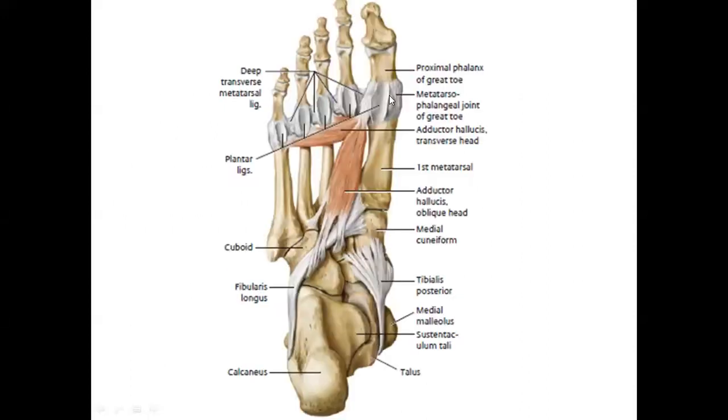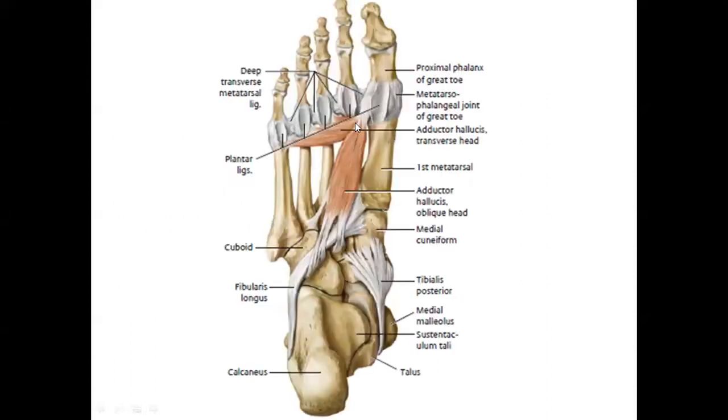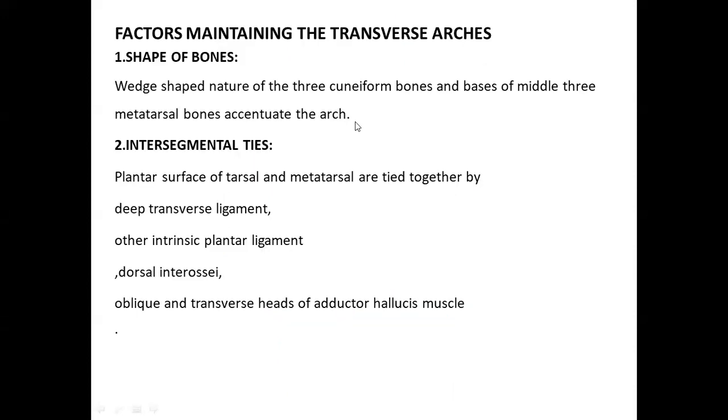So you can see इनके बीच में we have deep transverse metatarsal ligament जो उनको जोड़ के रखता है, तो intersegmental tie की तरह act करता है. और हमारे पास this is the oblique and the transverse head of the adductor hallucis. It also acts as an intersegmental tie.